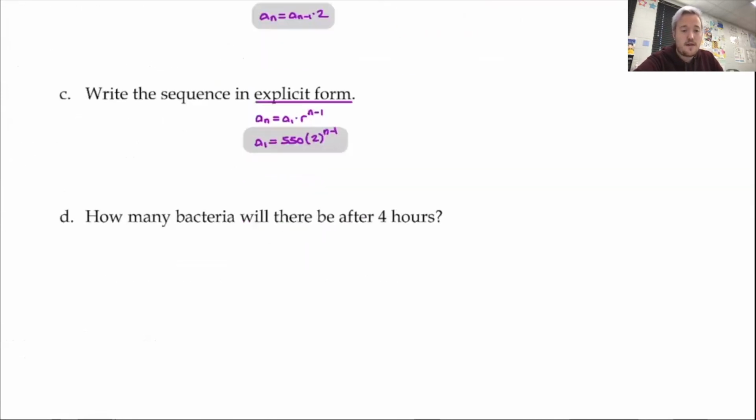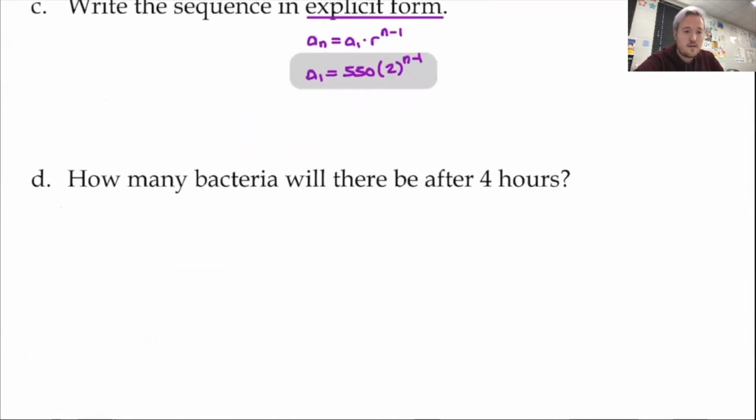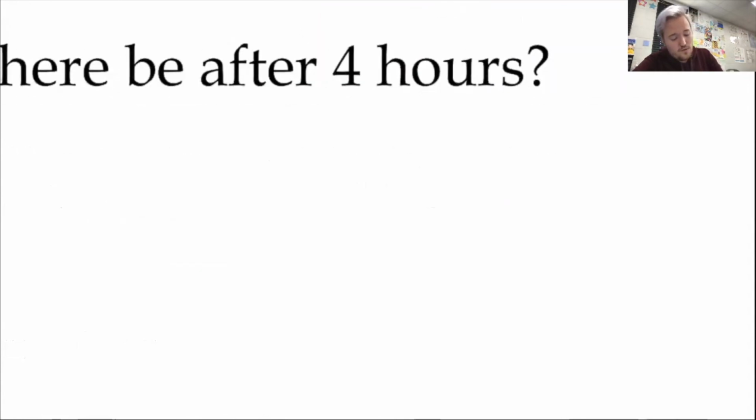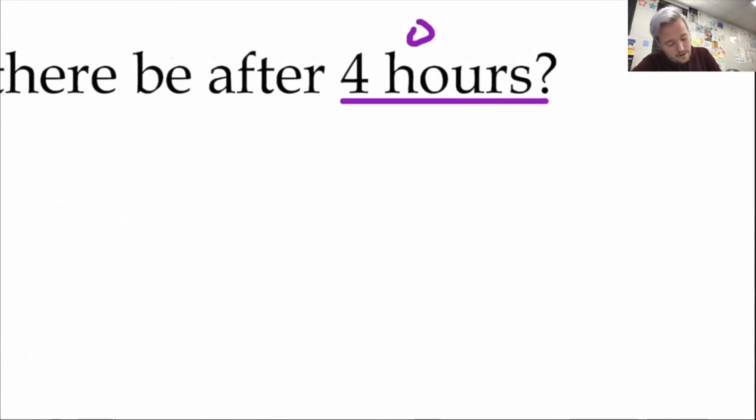And then we want to find how many bacteria there will be after 4 hours. This is a very fancy way of saying find a of 4. So find the fourth term. If you already have the explicit form or the recursive form, whichever one you want to use, you can literally just plug it in.